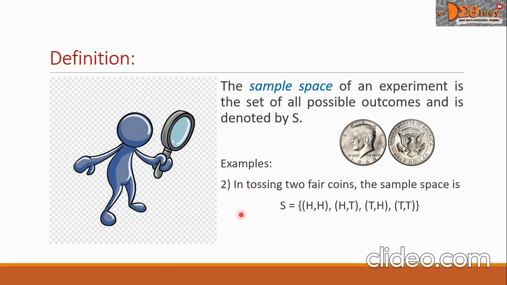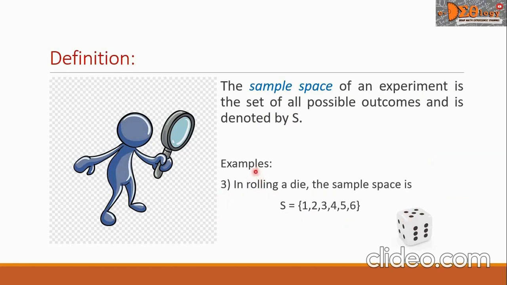Example 2. In tossing two fair coins, the sample space is S equals HH, HT, TH, and TT.